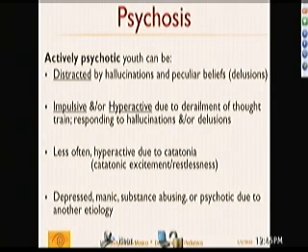Now, actively psychotic youth who become acutely psychotic are distracted by hallucinations and delusions, the so-called positive symptoms. They can be impulsive and/or hyperactive due to their thoughts jumping around and responding to hallucinations and/or delusions. They can even have catatonic restlessness that can appear like hyperactivity.